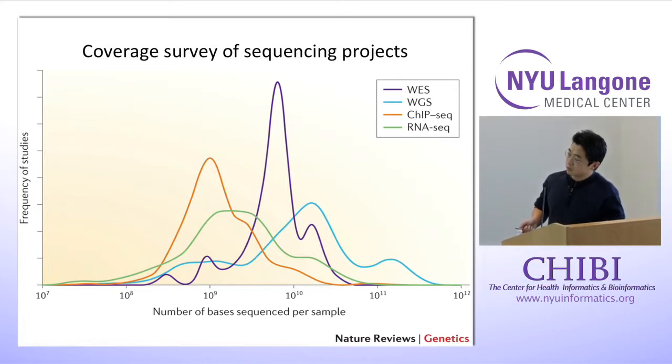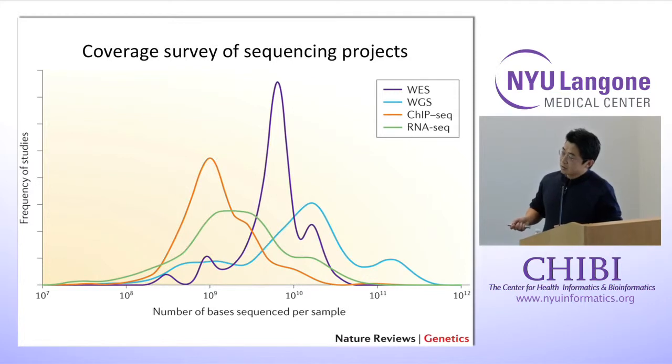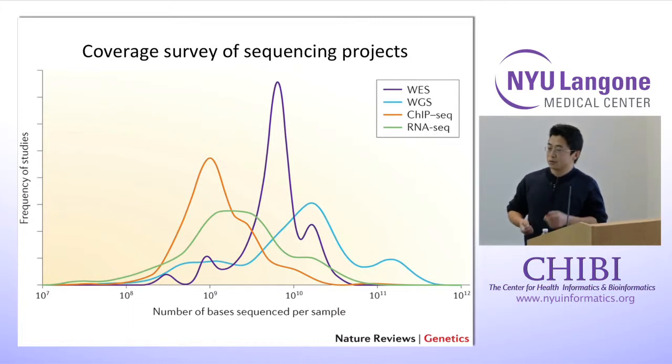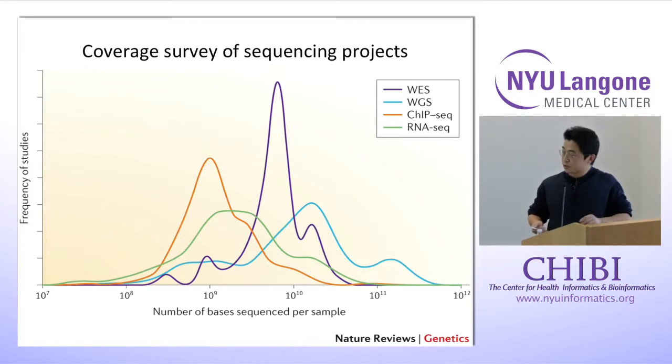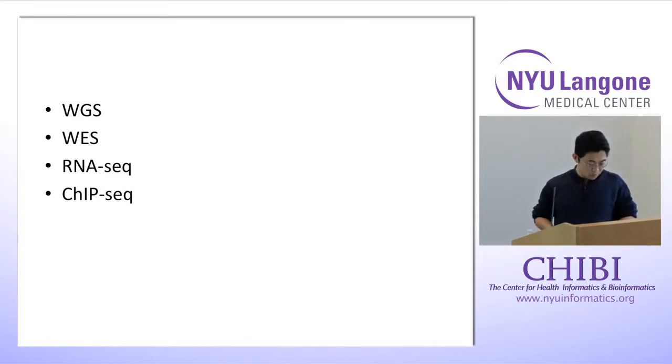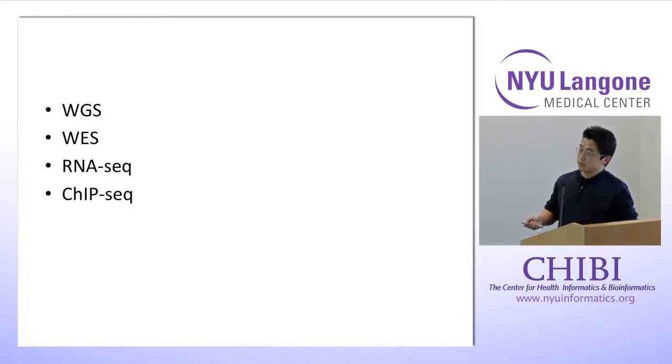For exome sequencing, it's multi-modal due to the different targeted depths of studies. For RNA-seq, we see a wider span over multiple orders of magnitude, because coverage really varies with expression level differences. Following, I will discuss the coverage-related issues for whole genome sequencing, exome sequencing, RNA-seq, and ChIP-seq, in this order.